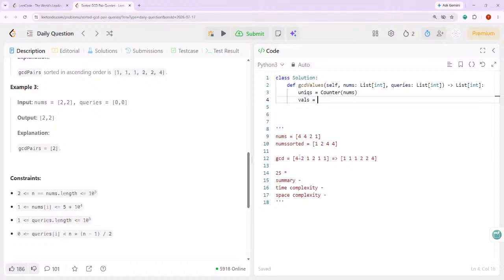Let's say the values is the set. Should I just use uniques.keys and then convert that to a list?